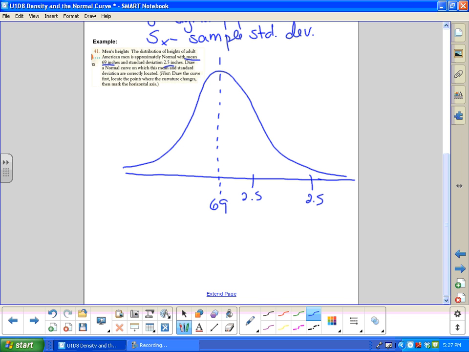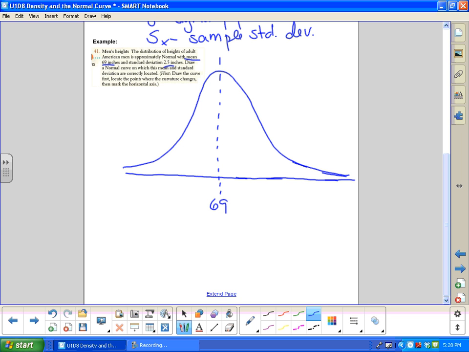I mean, I don't have a scale here, but I have lots of different normal curves. Do I have a tall peak? Do I have a flatter peak? And how we figure out where to mark the standard deviation, this is actually a really cool thing, and I think it probably has to do with calculus, but I've never studied the theory behind it. The inflection points of your graph.